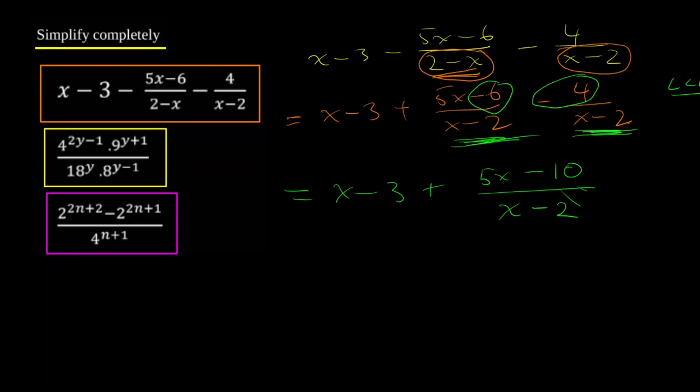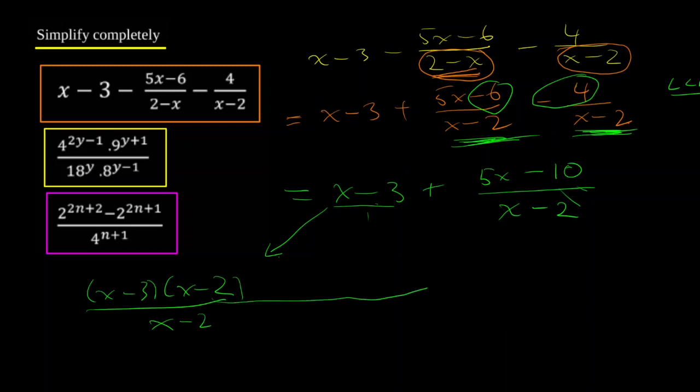Now again, we could fall into the temptation, and in fact, let's just do it off to the side. Since this is over 1, if I were to place this on a common denominator, I'd have (x - 3) multiplied by (x - 2) over (x - 2), because that's my common denominator now, plus (5x - 10).